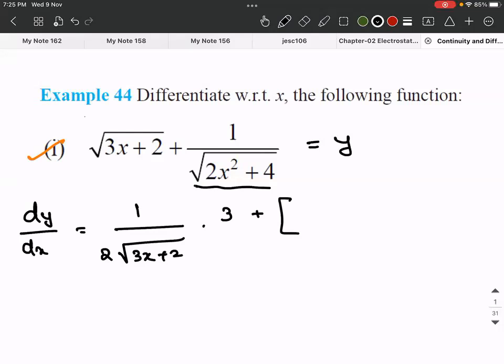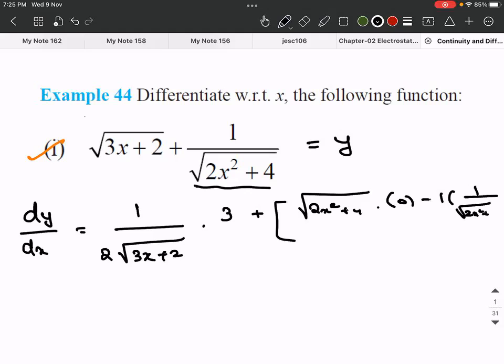But how did you get 6x? See, if you do chain rule, are you getting 6? No, sir. Okay, there will be a 2 in the denominator, so that will cancel. If you want to do the u by v, so root of 2x square plus 4 into derivative of 1 is 0, minus 1 into derivative of this, which is 1 by 2 root of 2x square plus 4 into 1.